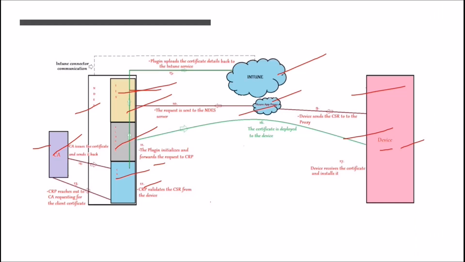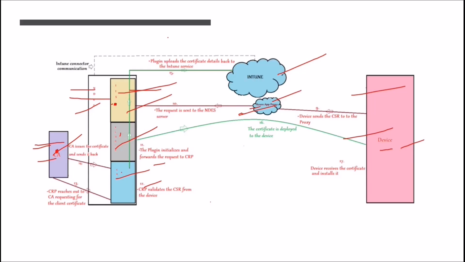So think of it this way. In this case, the admin had to manage this NDES server, had to manage this CA, and everything inside of this CA and everything inside of this NDES server, like the IIS plugin and everything like this, and the CRP and the Azure App Proxy.